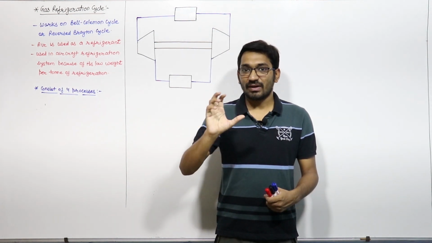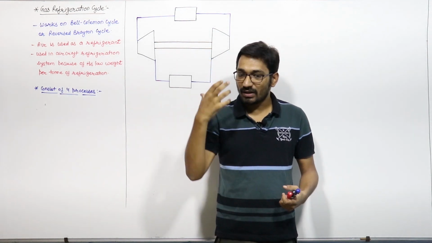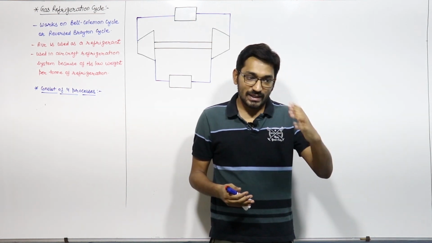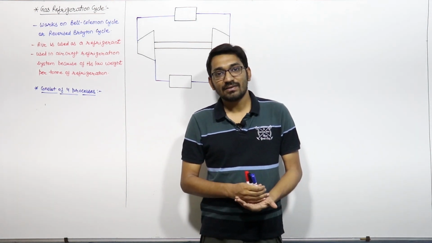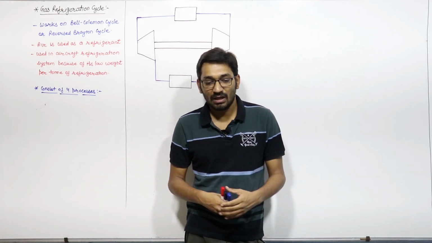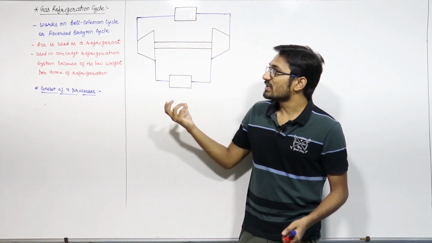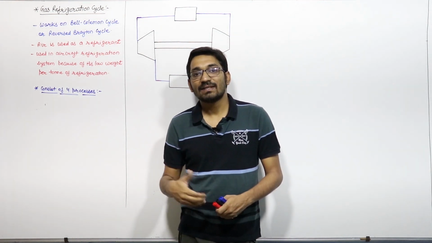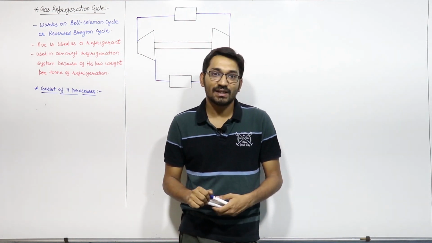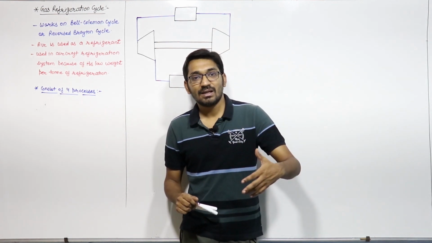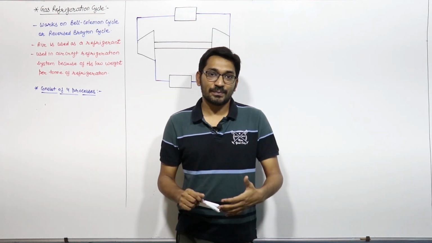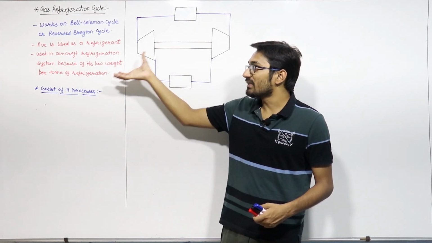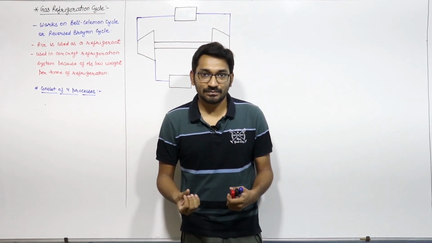The heat transfer, whether it will be in the condenser or in the storage or the evaporator, is reversible isothermal. But in the reversed Brayton cycle, the heat transfer processes are isobaric, or you can say reversible at constant pressure, right? Constant pressure process is there for the heat transfer in the reversed Brayton cycle.